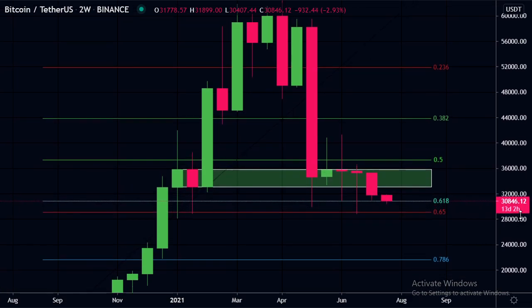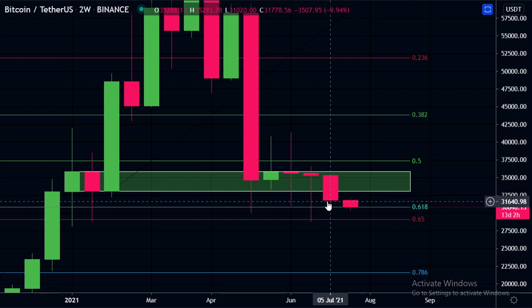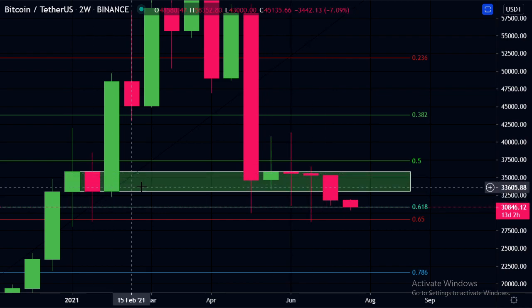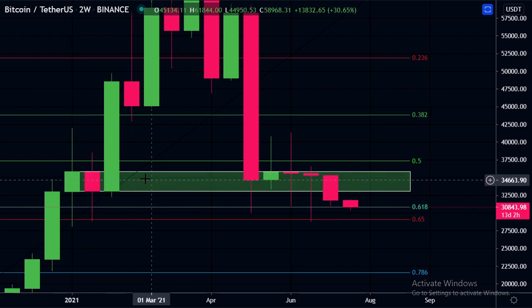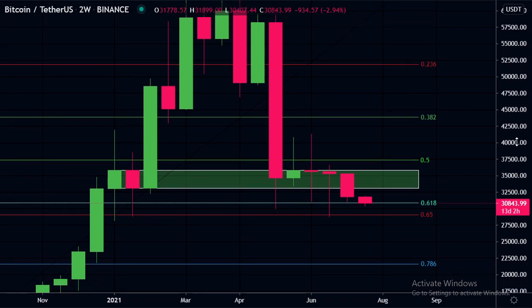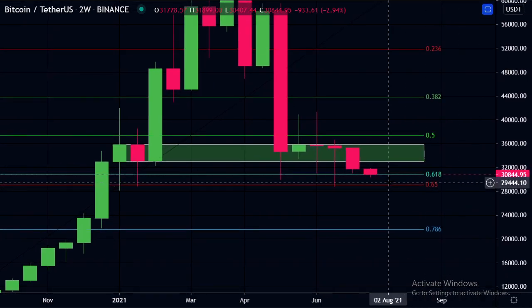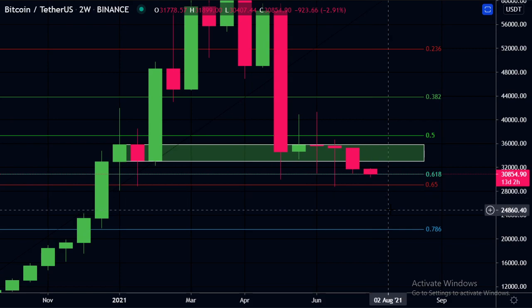We can see we did just open a new 2-week candle here, and unfortunately we did close below this green box I've had drawn here where we had previous support and resistance. So that's something in favor of the bears there. And if we do break this golden pocket area, I would expect a quick move down, possibly to fill that gap.